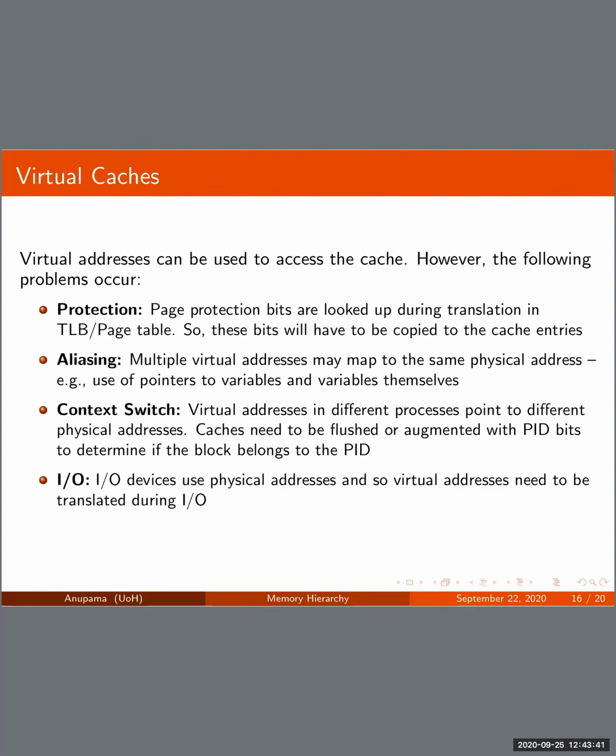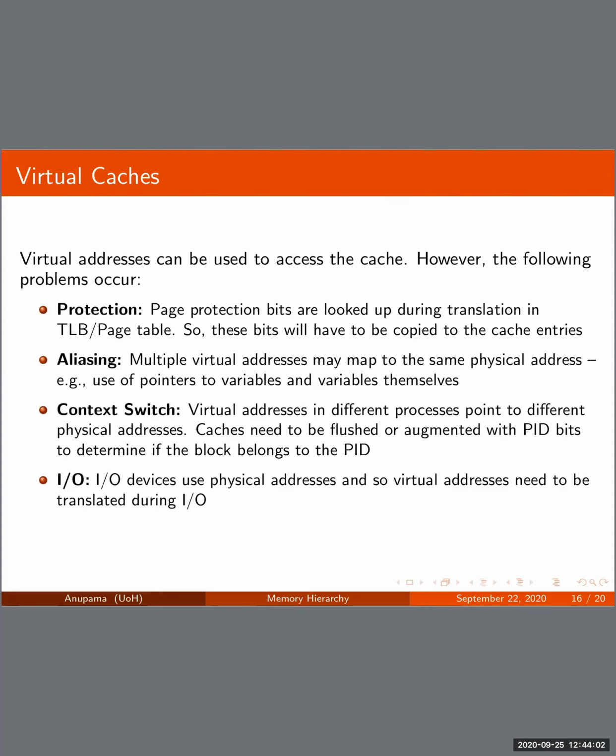So it leads to a more costly context switch when you move from one process to another if you are using virtual caches. Then the fourth point is that IO devices use physical addresses for the DMA. They don't use virtual addresses. So if you want to have DMA into cache, then you have to do a lot of gimmicks to make IO happen into the cache directly.